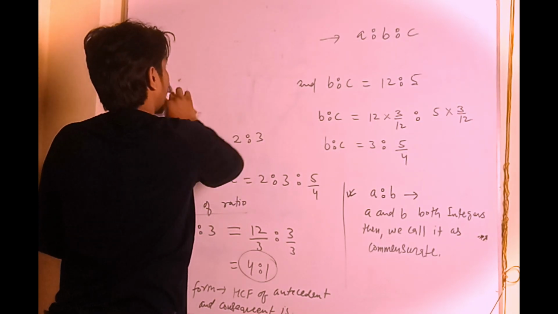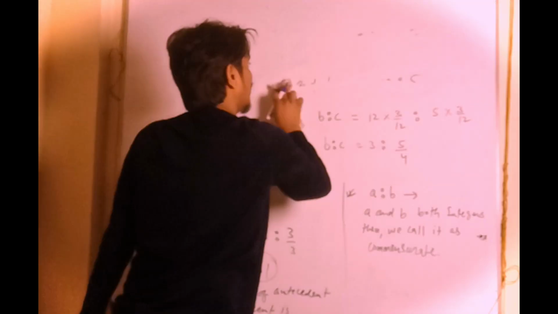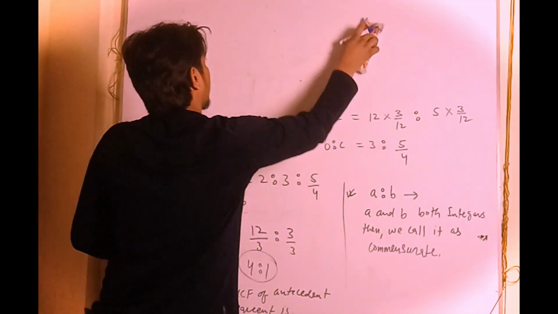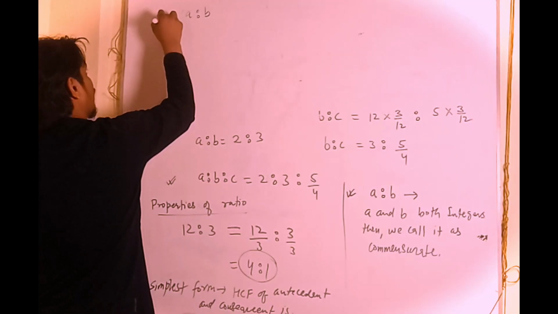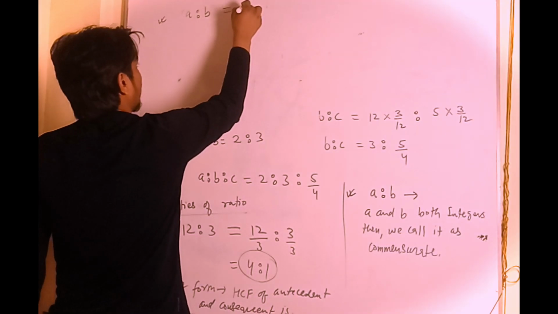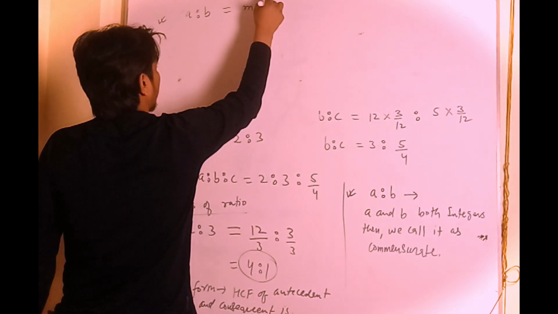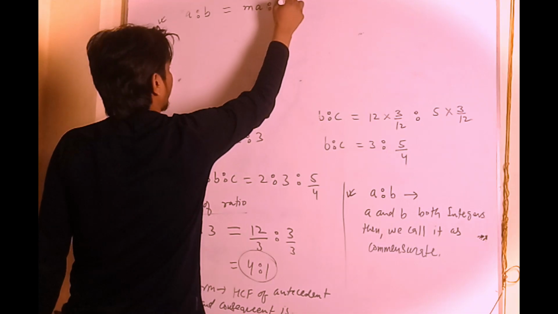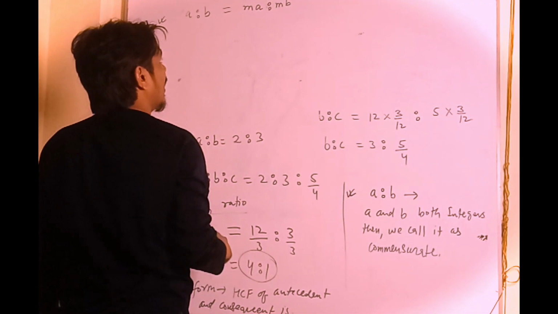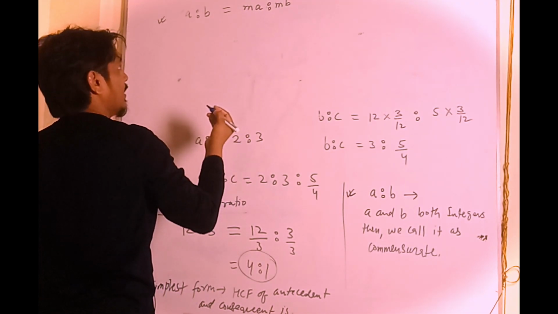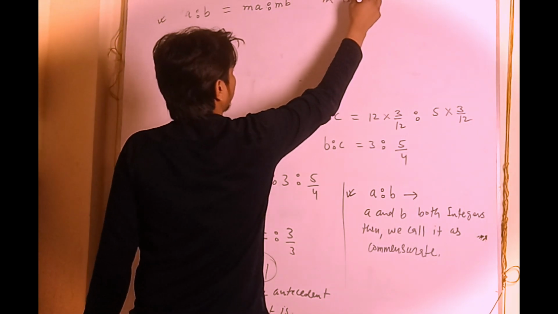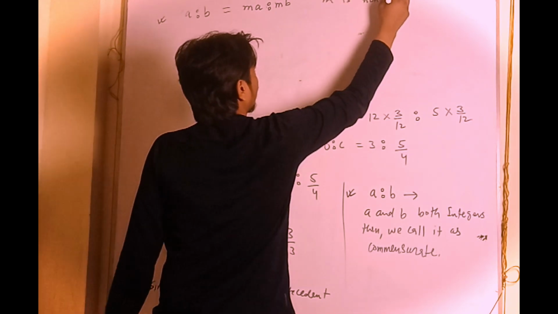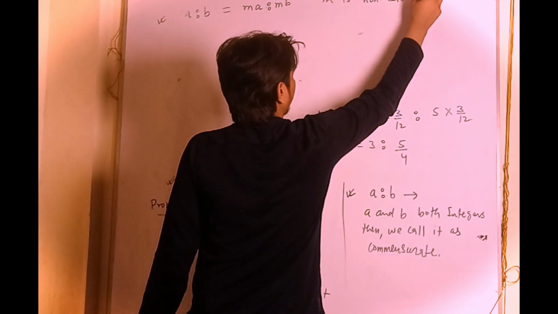If we have given ratio A ratio B, it means that it will be equal to MA ratio MB, where M is a non-zero real number.